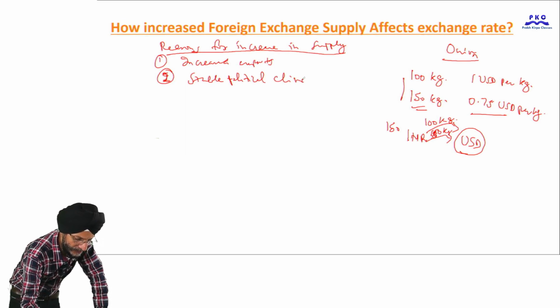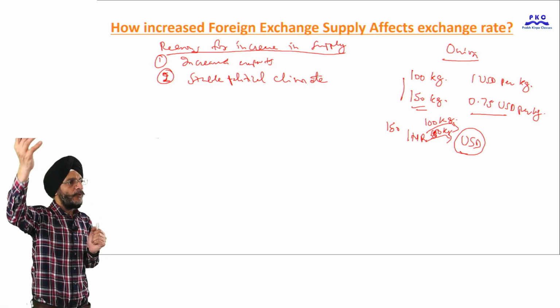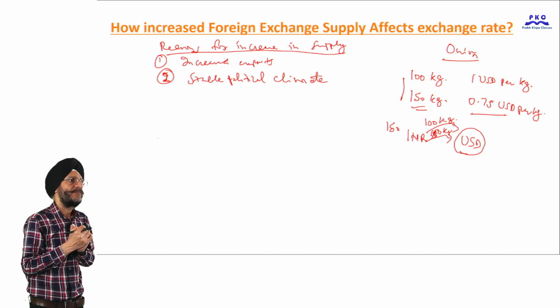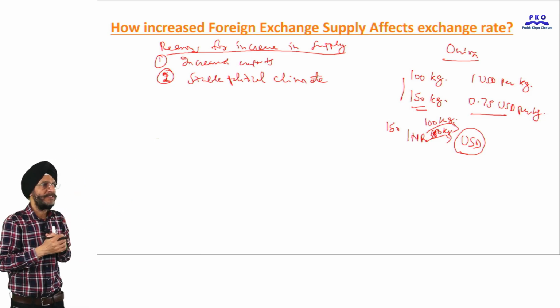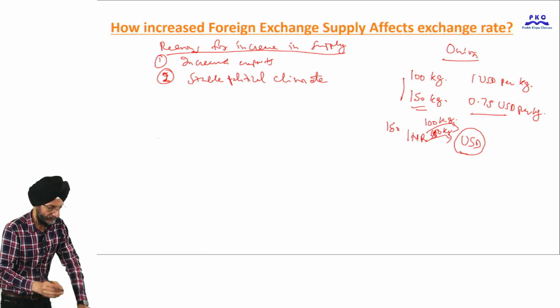When there is a stable political climate in any country, then foreign investors come to make investments in that country. So there is an inflow of foreign exchange, which results in an increase in foreign exchange supply.